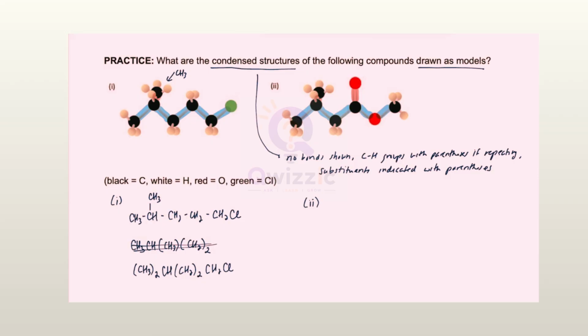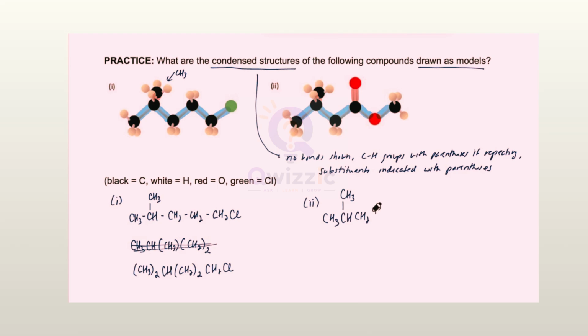So let's write out my sort of bonds, and then we'll put it in a condensed structure format. So from left to right, I have CH3, and then CH, and then I'll draw a line up to the methyl group coming off that second carbon. Then I have a CH2. Then I have my carbonyl group.